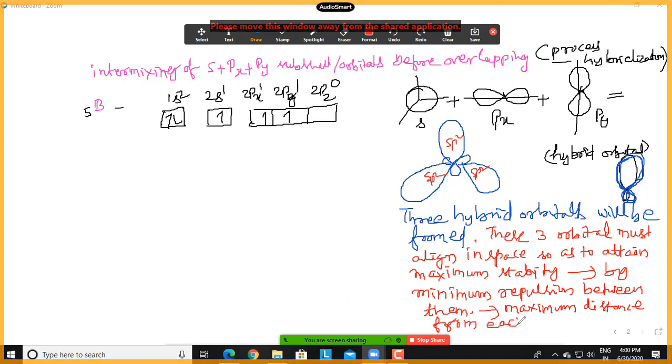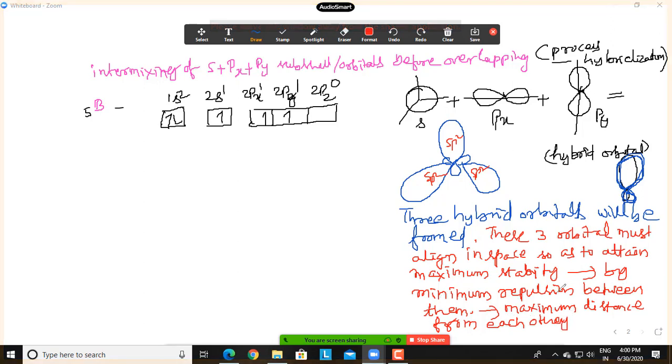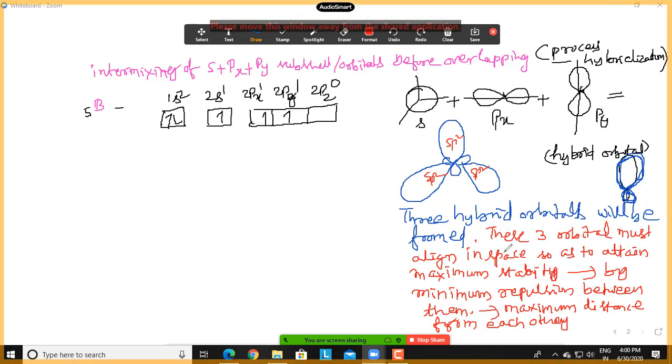Why like this? If they have maximum distance, there will be minimum repulsion. If they have minimum repulsion, then only there will be maximum stability. So in order to attain maximum stability, they remain in space at maximum distance from each other, so that there is minimum repulsion.